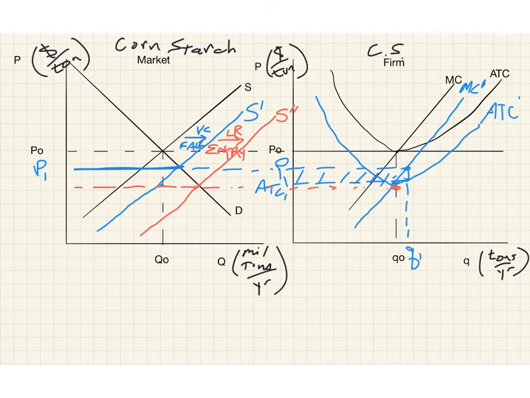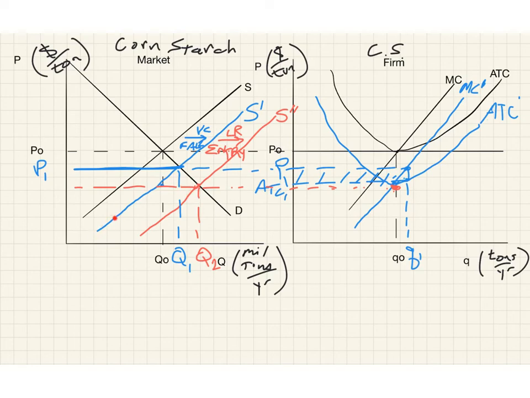Because I drew the shift of the average total cost curve symmetrically down, the new long run equilibrium output level for firms is going to be the same as the old long run equilibrium output level for firms. In the market, I see I didn't label the market quantity in the short run equilibrium. In the long run, market quantity goes up by still more because of that entry.